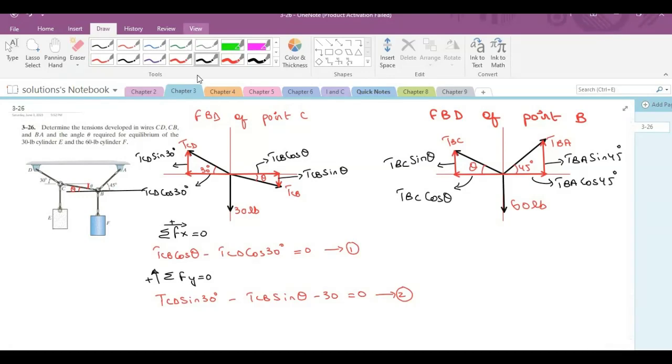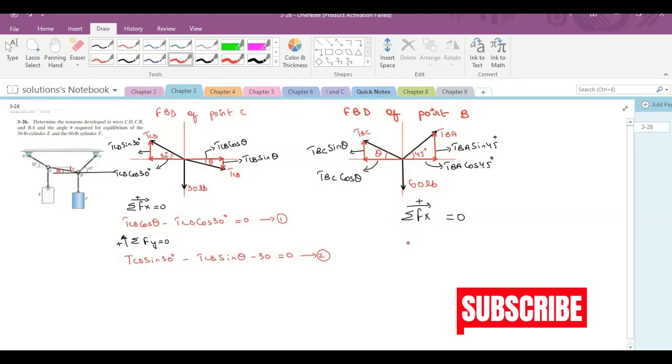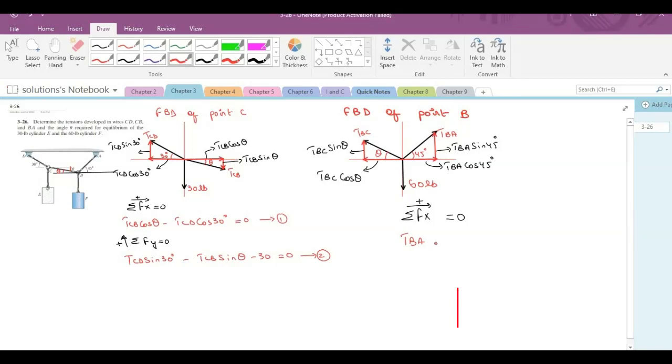Now I can apply the equations of equilibrium. Our first equation is summation of the forces in x direction equals 0. I am considering right hand side as positive. So we have TBA cos 45 degrees. One more thing is that TBC means exactly the same as TCB. Both mean the same. They are the same forces.